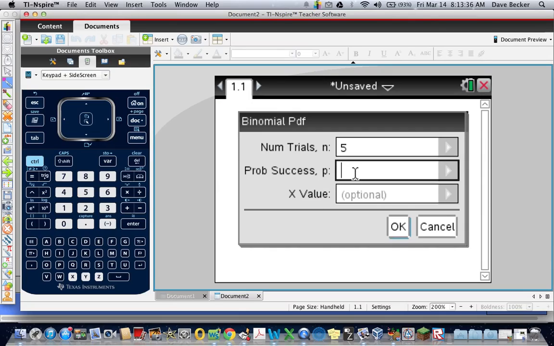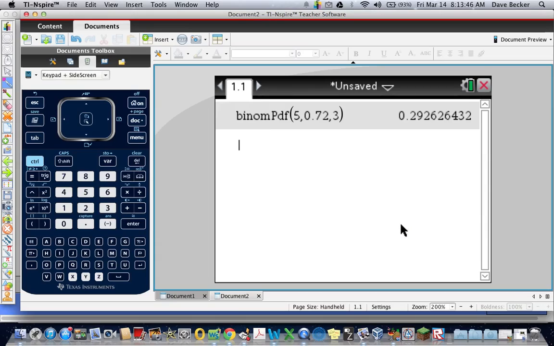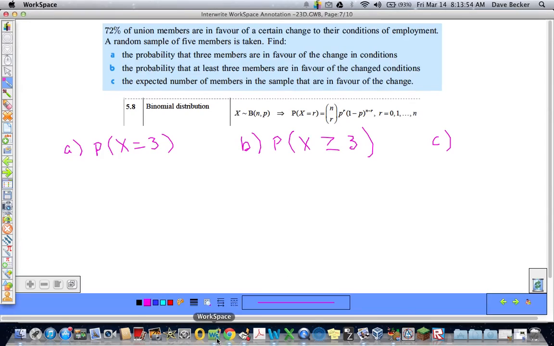The probability of success was 72% or 0.72. What number are we interested in? Remember, that was 3, and kapow. So our answer is 0.293, rounded to 3 sig figs. So let's go back here and say that the probability that x equals 3 is approximately 0.293. What could be easier?